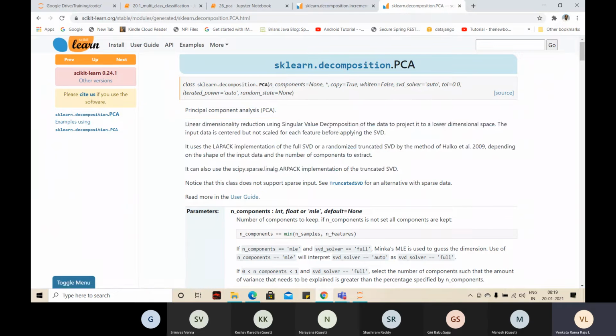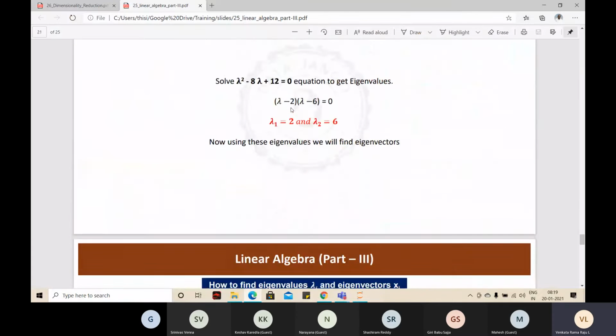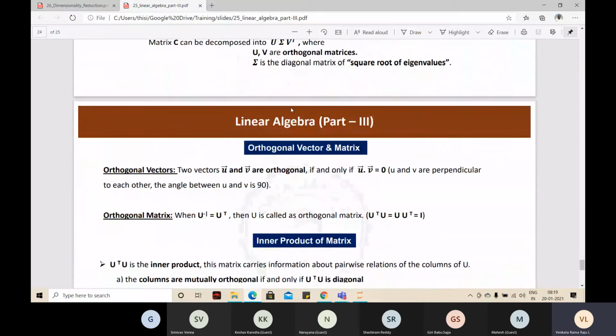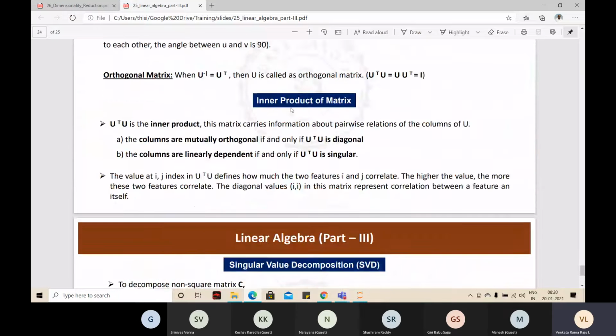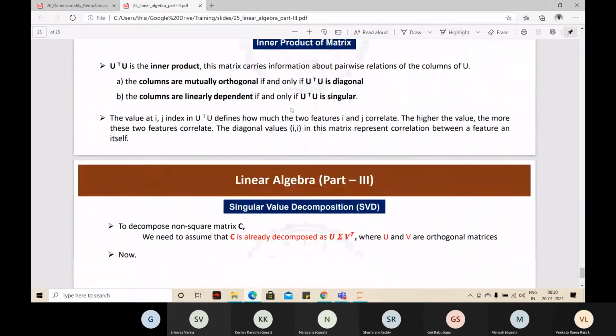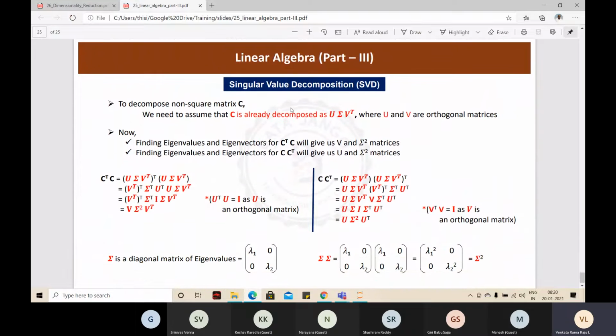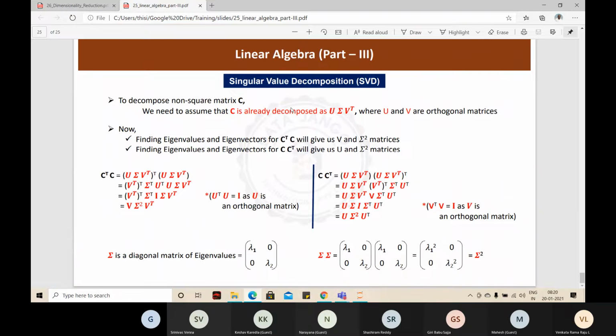If the data is huge, it is going to use truncated SVD and try to find the components, and then does the transformation, multiplying the components with the data. So what is SVD? We understood eigenvalue decomposition, so SVD is a magnified version of eigenvalue decomposition, a little more technically termed version of it.